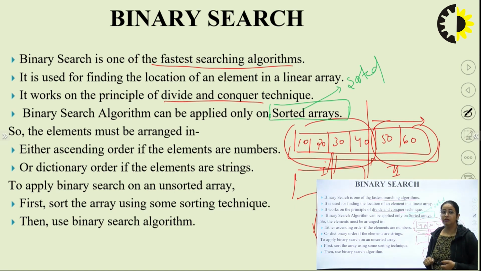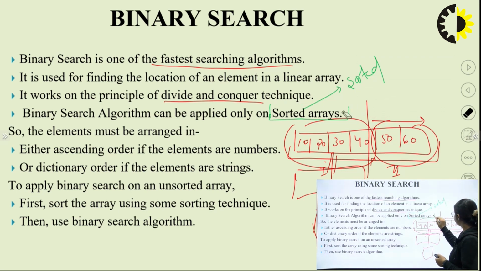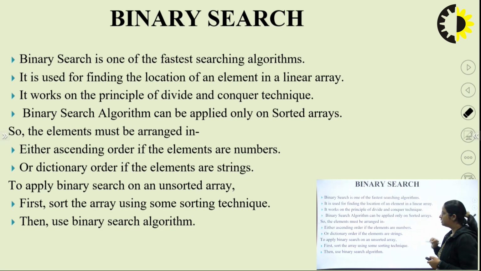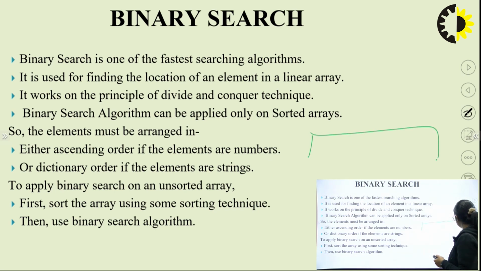Now what do we mean by sorted? Sorted means we are arranging the array either in increasing order or in decreasing order. For example, I am taking the elements in an array.